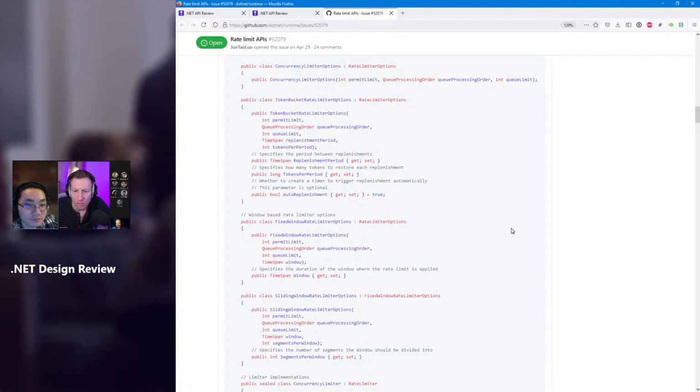Oh, okay, sorry. So would we be using this with IOptions though? Like in the middleware? Like that doesn't require a new concrete implementation of the limiter, right?